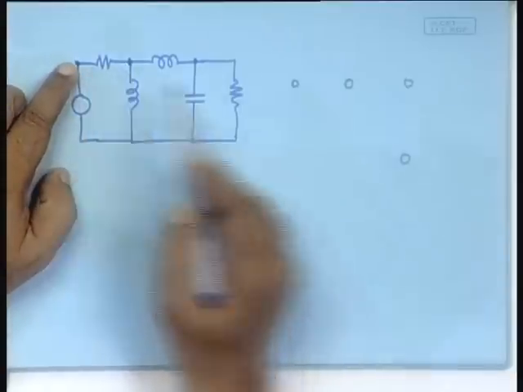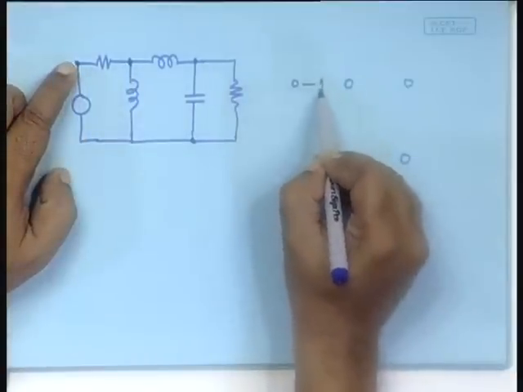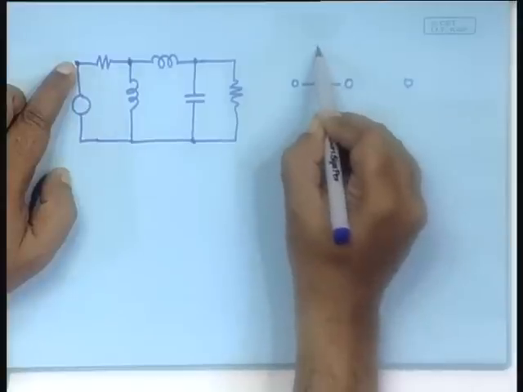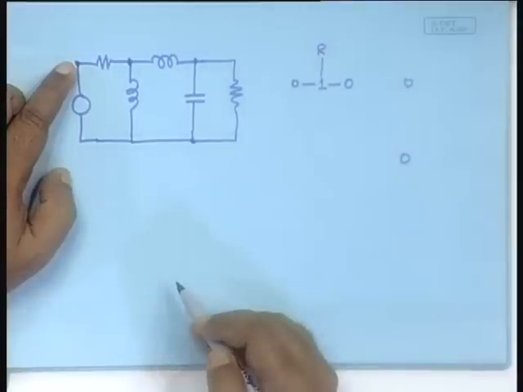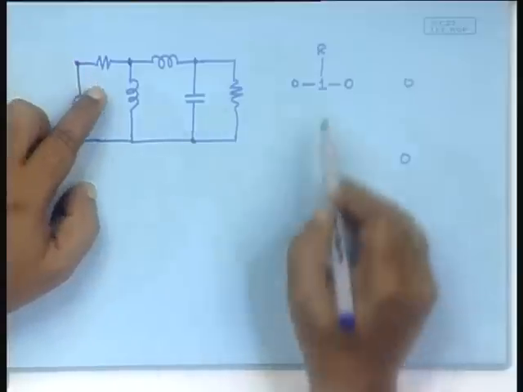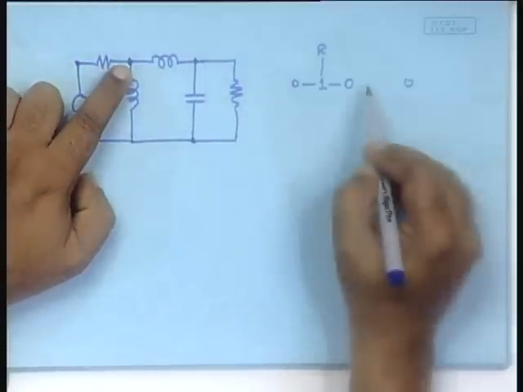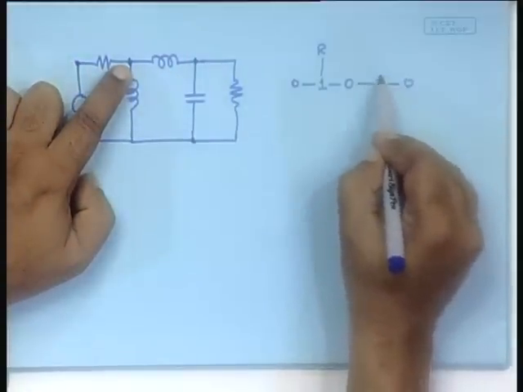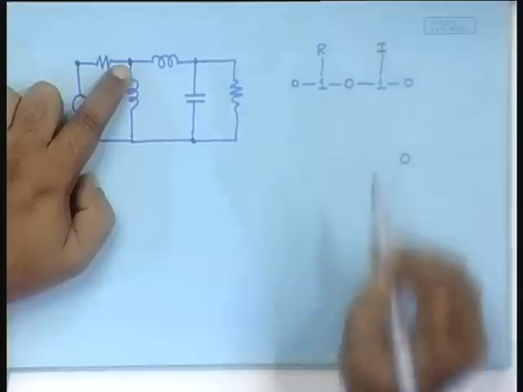Between these two there must be a 1 junction and a resistance connected to it. Between these two there must be a 1 junction with an inductance connected to it.